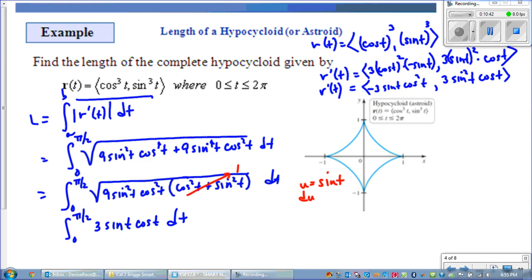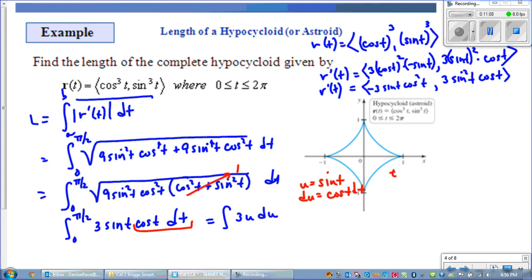So du is equal to cosine of t dt, and that takes care of this portion. So when you make the substitution, this is equivalent to 3u du.